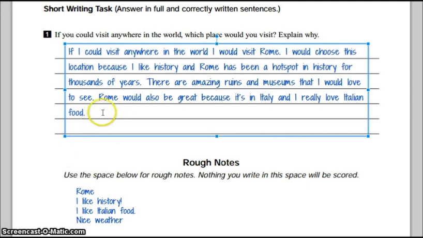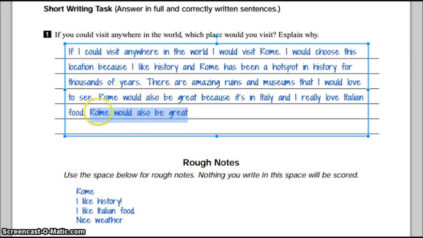So with nice weather, I could say Rome would also be great, but then I'm repeating myself and it doesn't flow nearly as nicely with that kind of repetition. So I could mix up the order of the sentence.